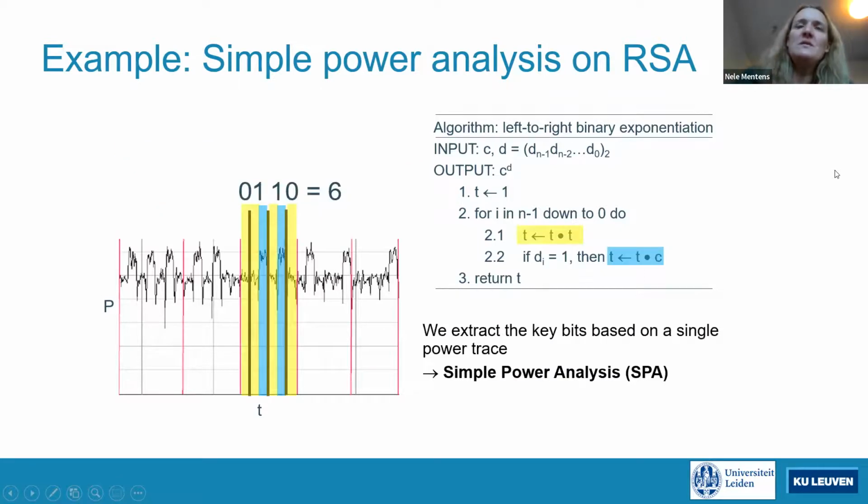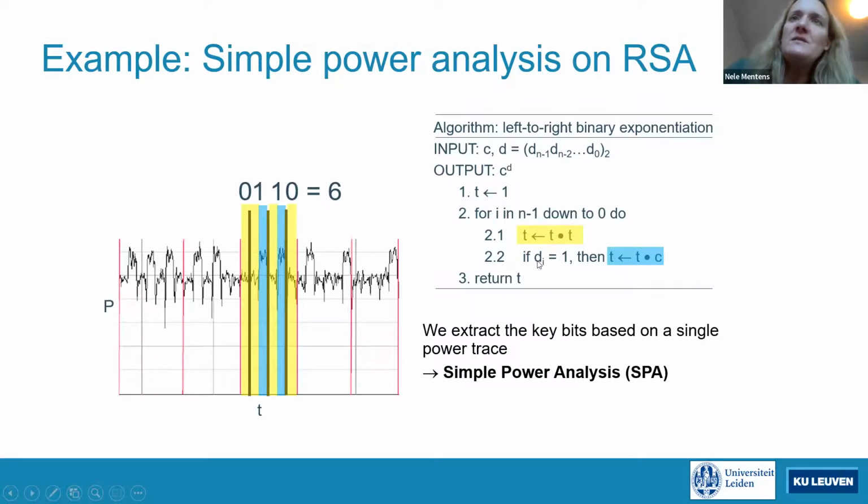So when we look at the power consumption, for example this part, we can see that sometimes there's a lower power consumption followed by a bit lower and then higher, lower, higher, lower. This must mean that the lower ones are the squarings and the higher ones are the multiplications, because squarings can follow each other without multiplication in between, and there are never two multiplications next to each other. A squaring not followed by a multiplication must be a 0.